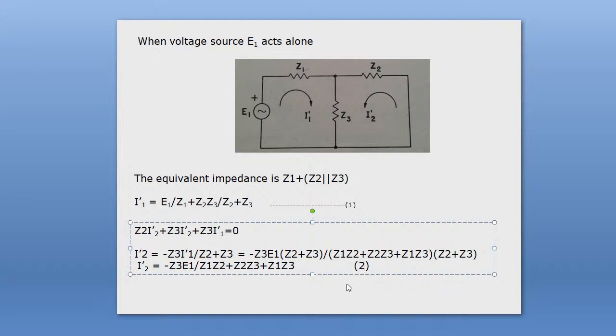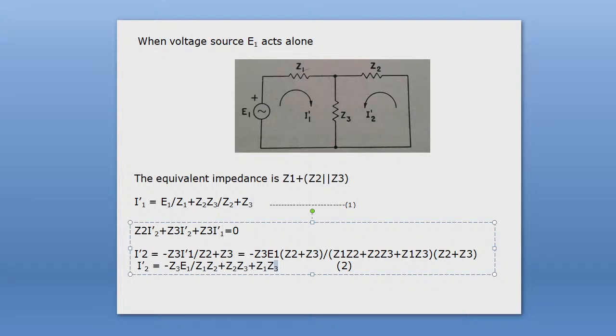Okay, so ultimately we got the expression of I1 prime and I2 prime for this circuit when only one supply voltage is applied to the given circuit.